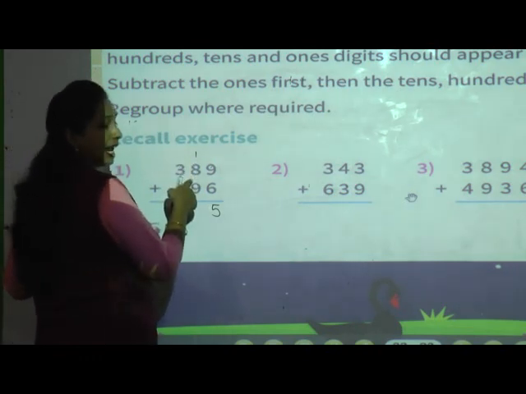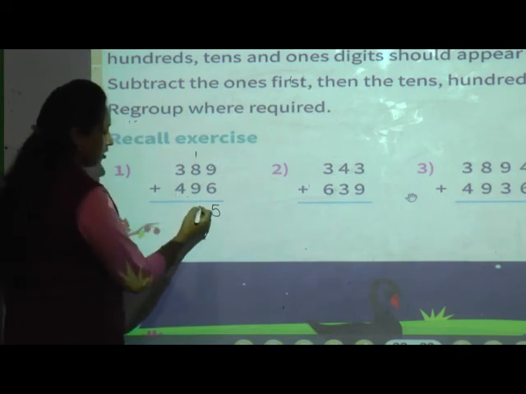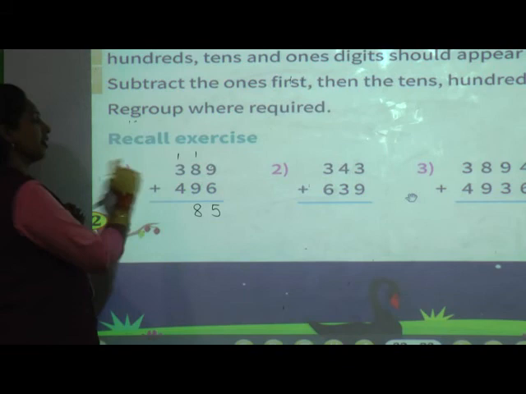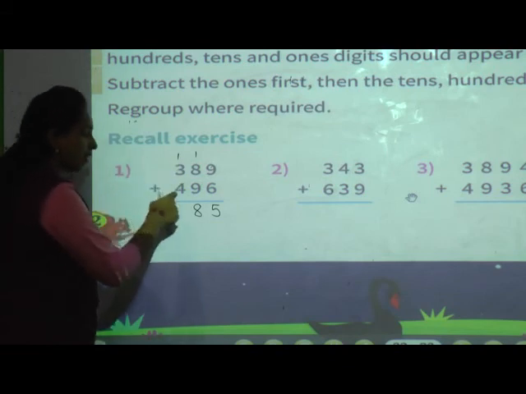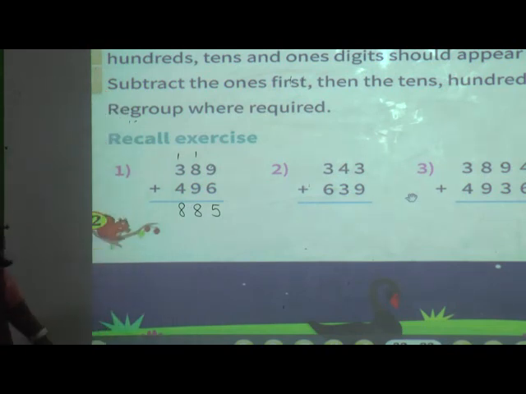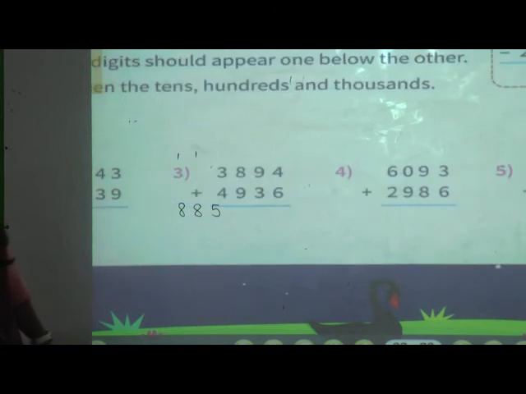Now 1 plus 8, 9. 9 plus 9, 18. So write 8 here, 1 will carry over to the hundreds place. Now 1 plus 3, 4. 4 plus 4, 8. The rest you are going to solve in the textbook itself. This is a 3-digit number we have solved.